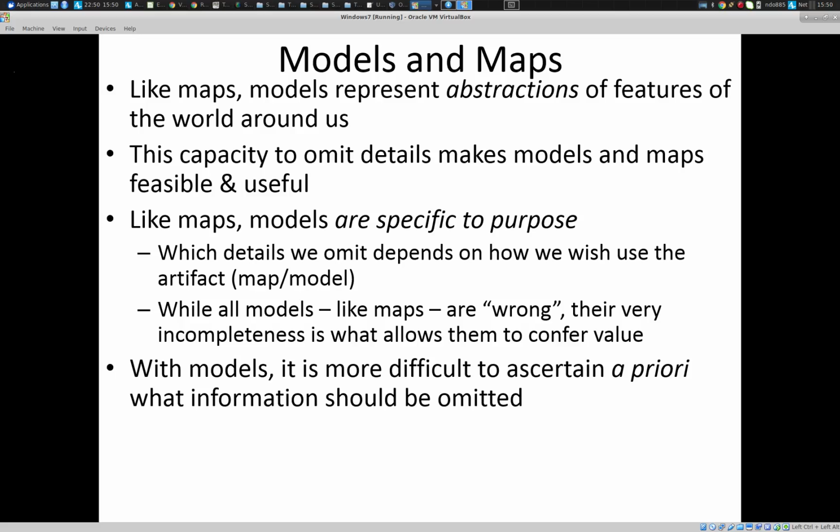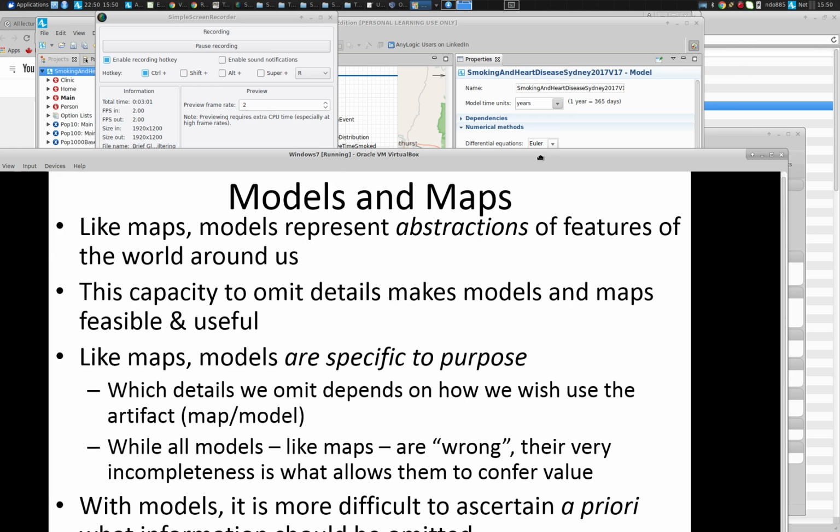working with, no matter how rich in terms of the processes in there, they're inevitably abstractions. We have a quite rich model that we've been building up, as you know, associated with smoking.